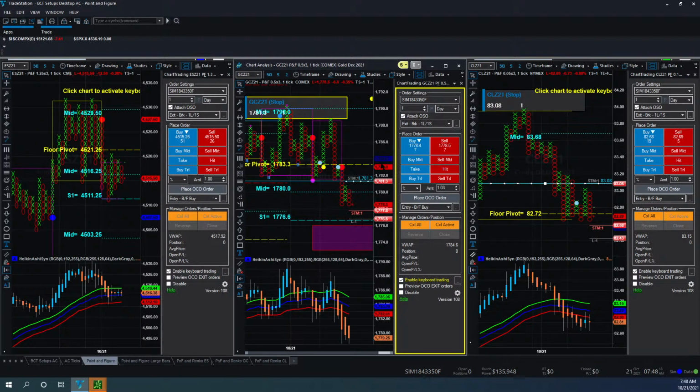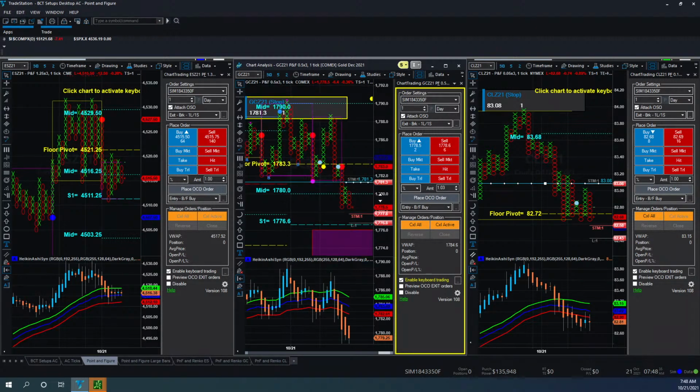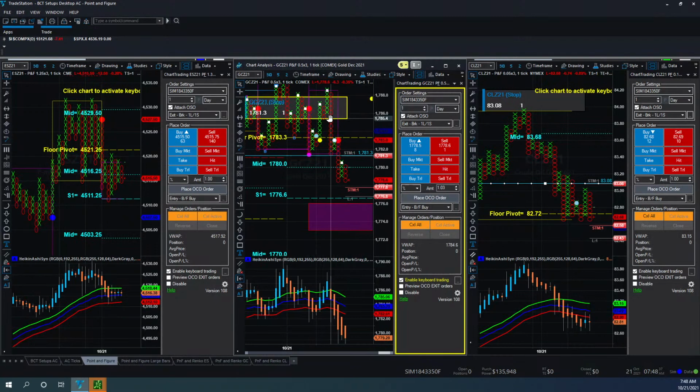Risky to take it at this level, but it's giving the signal on the point and figure chart. So we'll see. It's trying to break now. Target would be this 76.6 if it breaks.